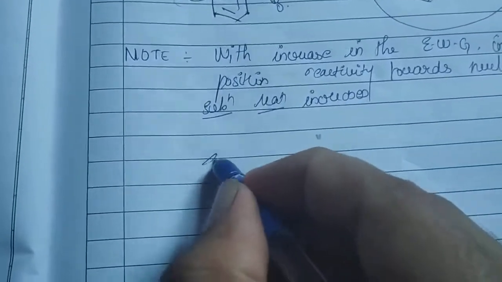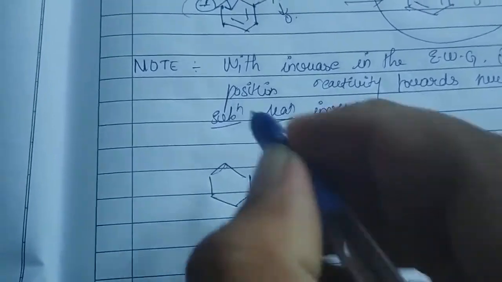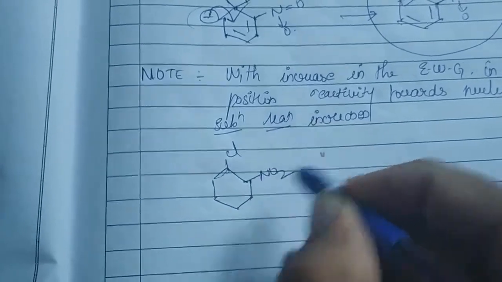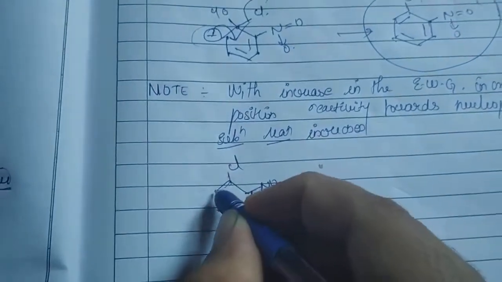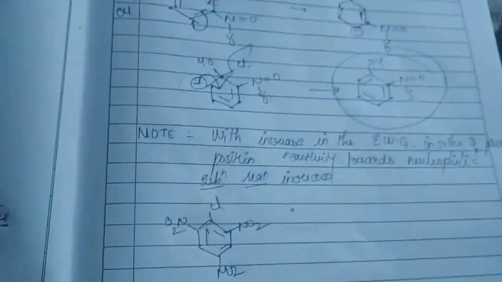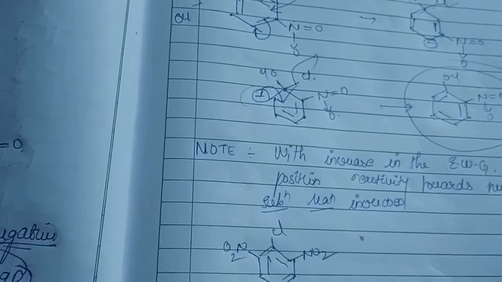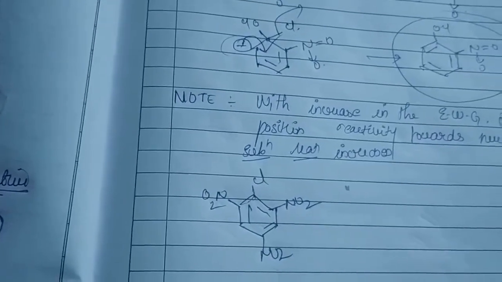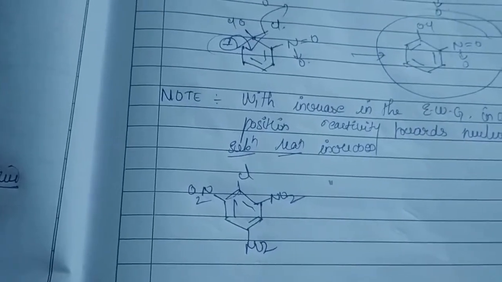For example, if I am going to take 2,4,6 trinitrochlorobenzene, with NO2 and then NO2. Of course, what we know is whenever we are talking about haloarenes, if we want to make a nucleophilic substitution reaction, I have to maintain drastic conditions, very high temperature and pressure.